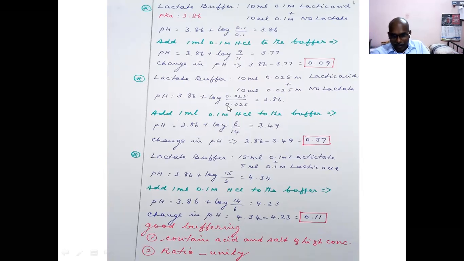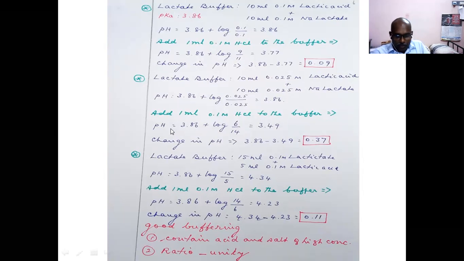The sodium lactate concentration is 0.025 molar, and I am adding 0.1 molar. Therefore, this is 4 times stronger. What will happen? This 1 ml will consume 4 ml of sodium lactate and 4 ml of lactic acid will be generated.